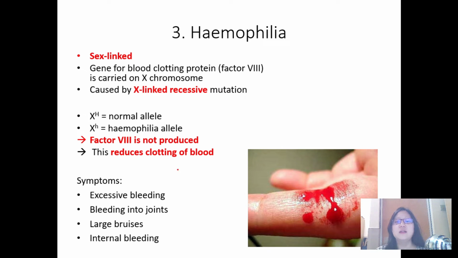So if it's not produced, this obviously reduces the clotting of blood. Now this is quite dangerous because any cut, a small cut or wound, internal or external, can cause excessive bleeding. It can cause large bruises, and if there's internal damage, the person could experience bleeding into joints or internal bleeding. So quite dangerous, yeah.